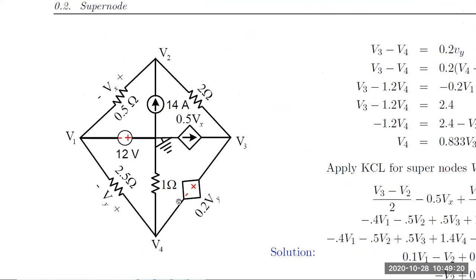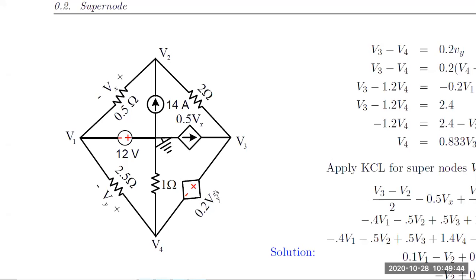A voltage source. Which type of voltage source? A dependent voltage source. What about this one? A dependent current source.